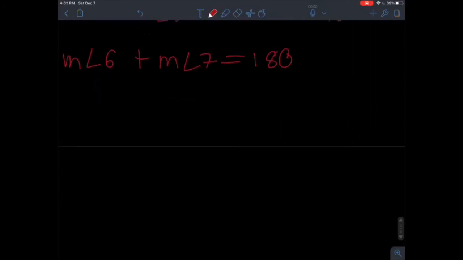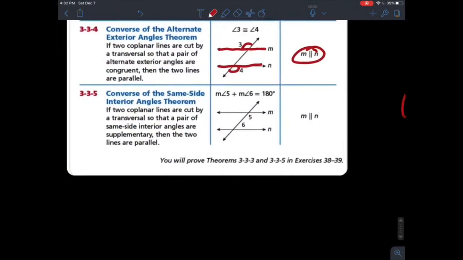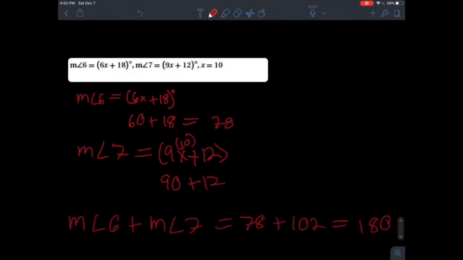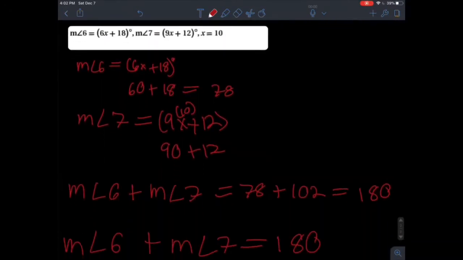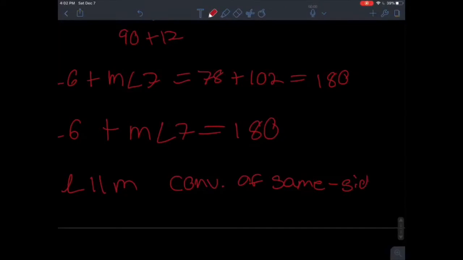And since it becomes 180, it means they are supplementary. So the pair of same side interior angles are supplementary, and the two lines are parallel. So we'll just use line L is parallel to line M using converse of same side interior angles.